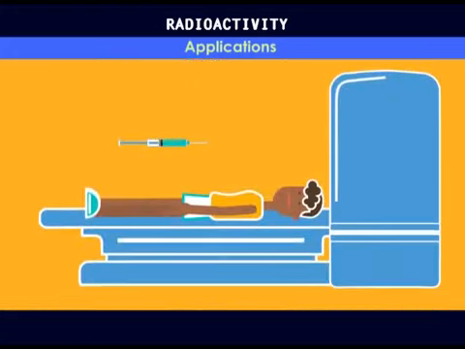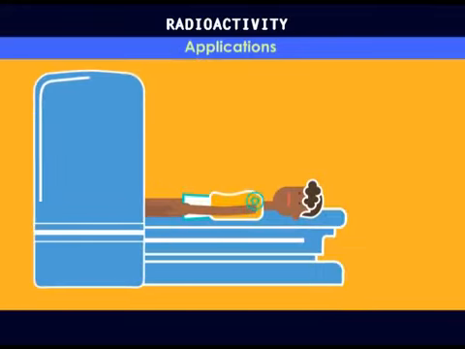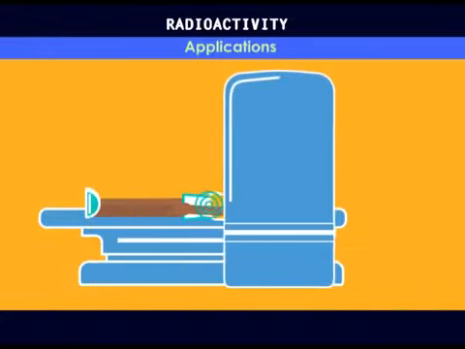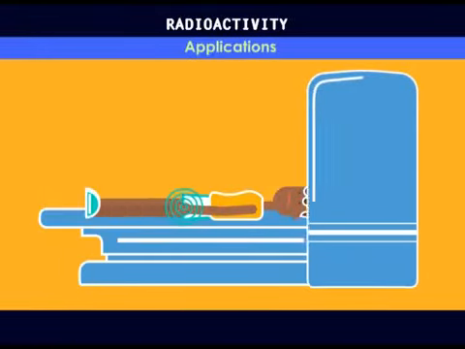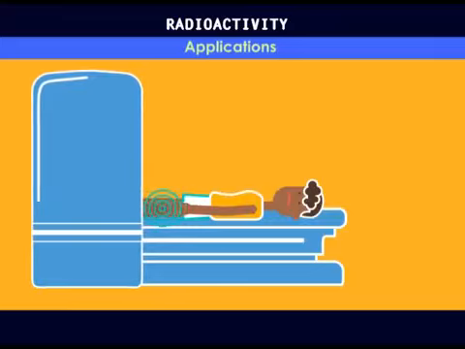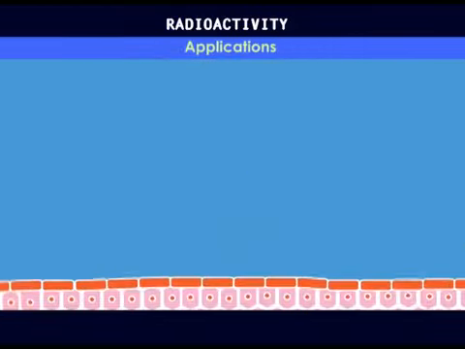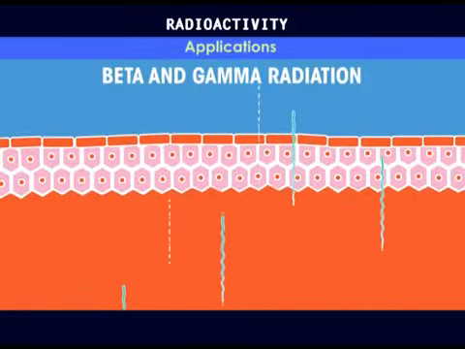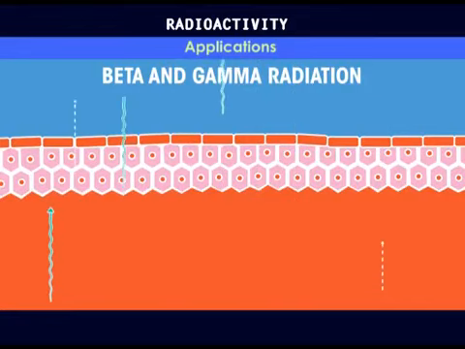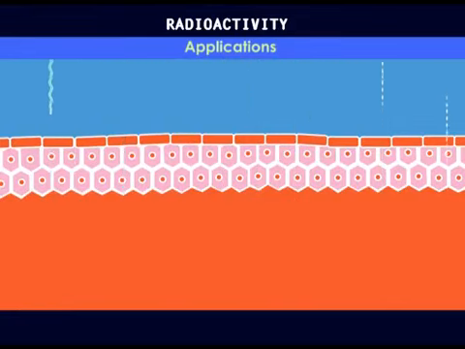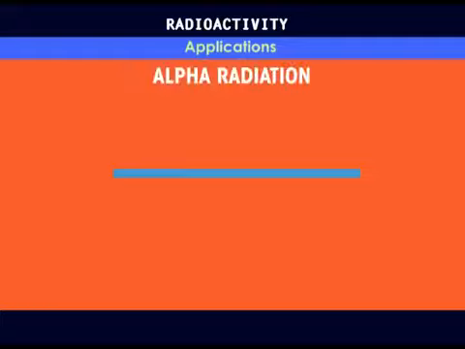A small amount of a radioactive material is introduced into the body, and the radiographer follows the passage of these materials through the body using specialized equipment. Beta and gamma sources are used because they pass out of the body and can therefore be detected. Remember, alpha particles cannot travel through anything thicker than a sheet of paper.